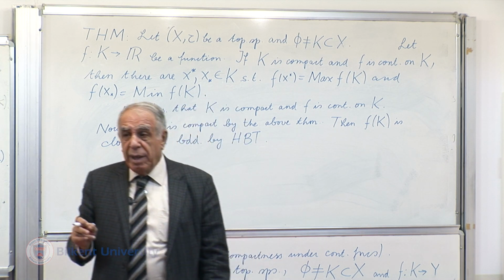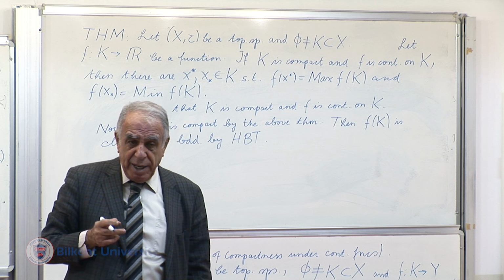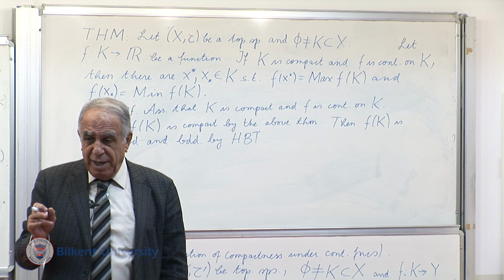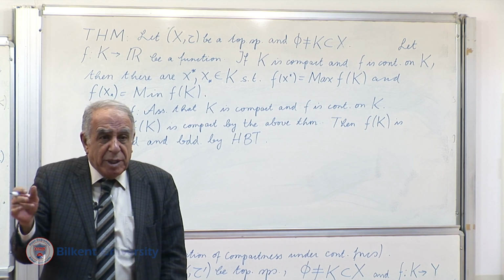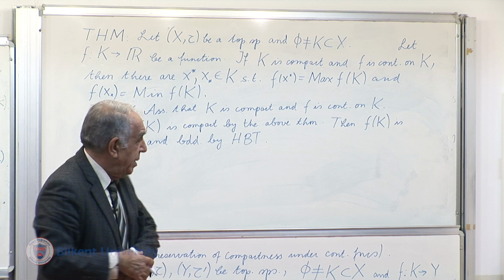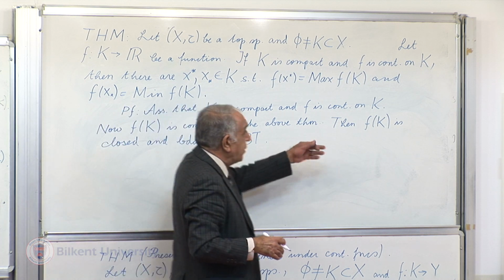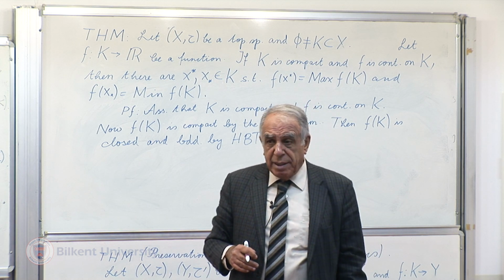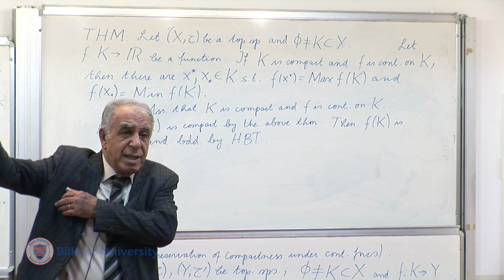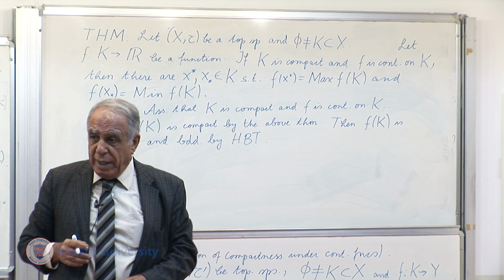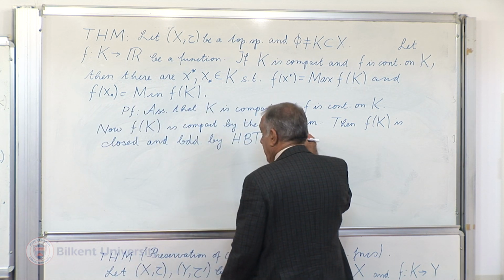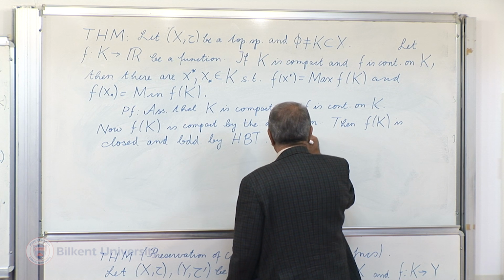Well, we know the maximum of F of K is the supremum of F of K, and the supremum should belong to the set for it to be the maximum. Well, does F of K possess a supremum? If it's bounded, that means it has an upper bound and a lower bound as well. But let me also note the following.